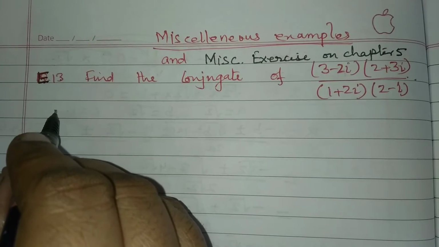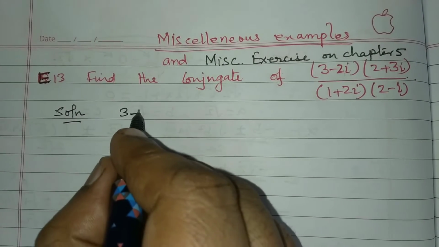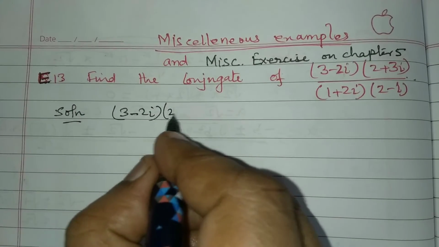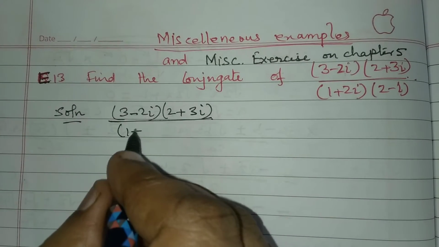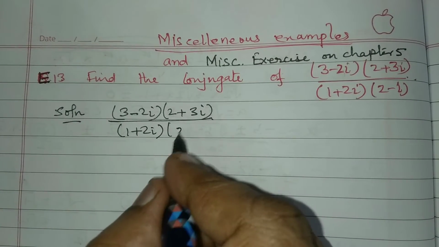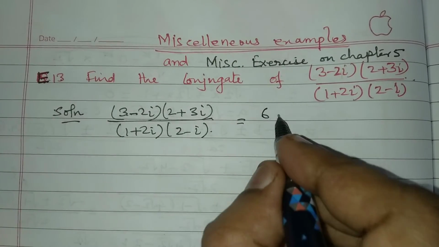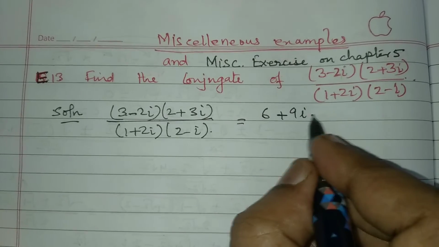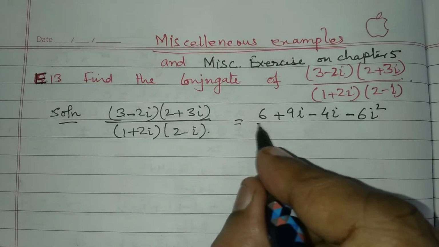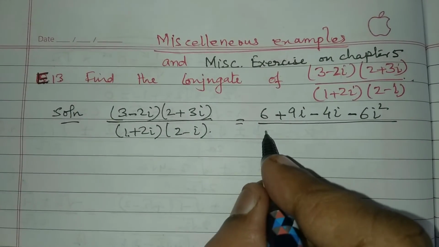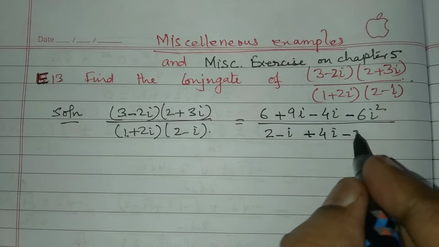So let solution: 3 minus 2i into 2 plus 3i by 1 plus 2i into 2 minus i. So here we will multiply, so it is 6, and then 9i, then minus 4i, then minus 6i square, divided by, now we will multiply 2 minus i, and then 4i, then minus 2i square.